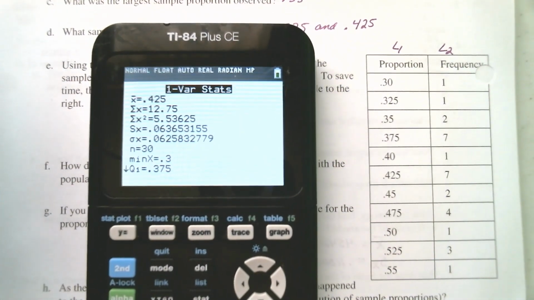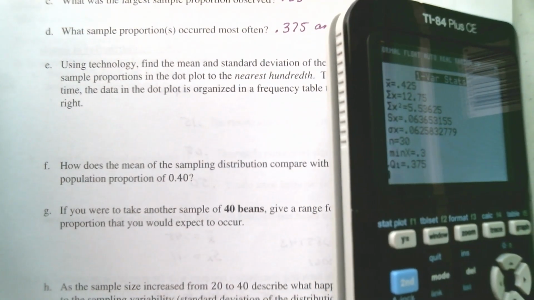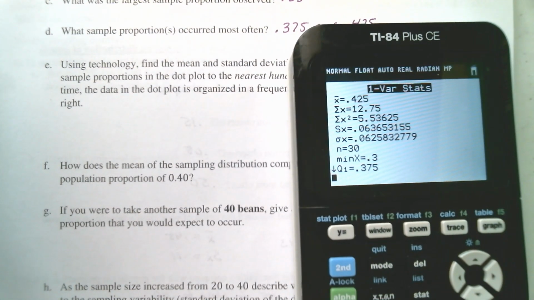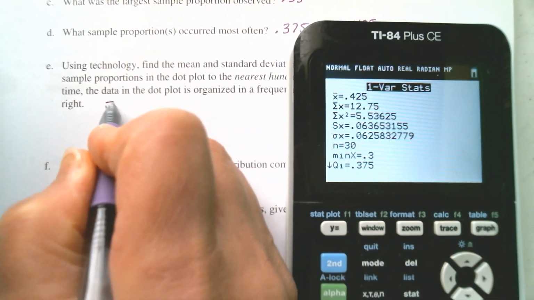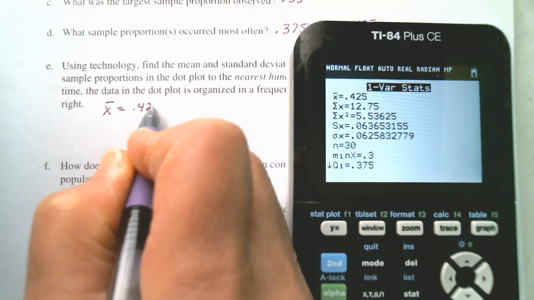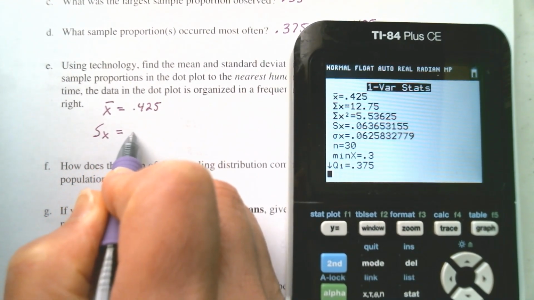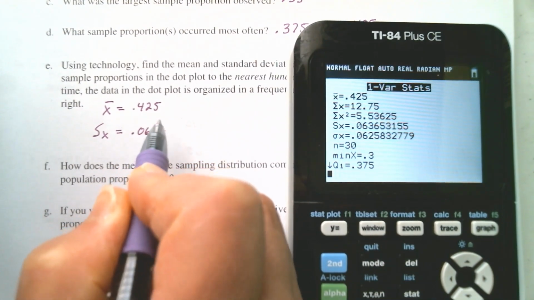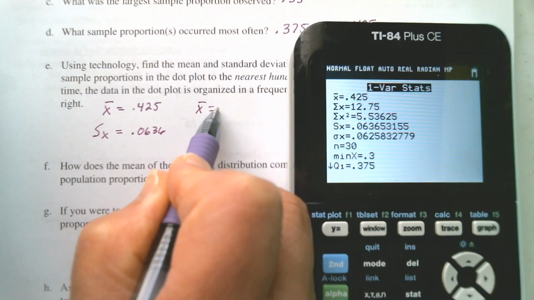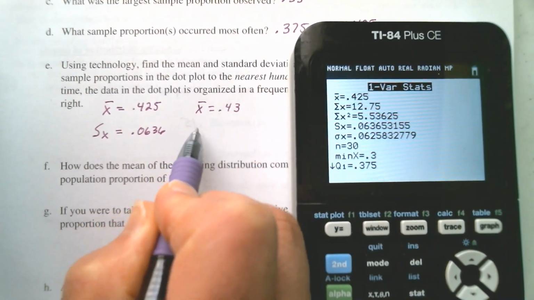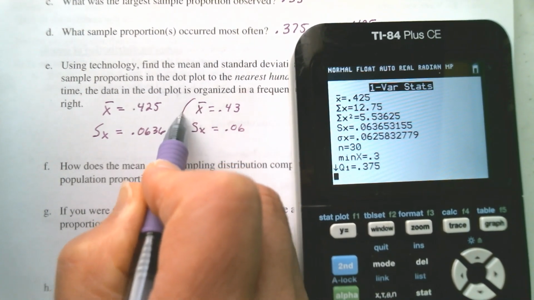So we want the mean and the standard deviation to the nearest hundredth for this. Our mean is 0.425, and our standard deviation is 0.0636. To the nearest hundredth, our mean is 0.43, and our standard deviation is 0.06.